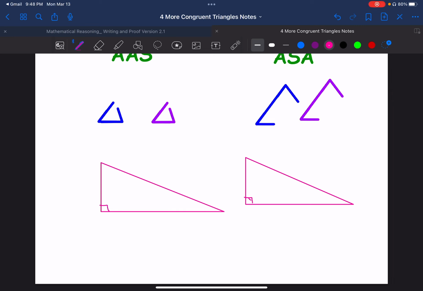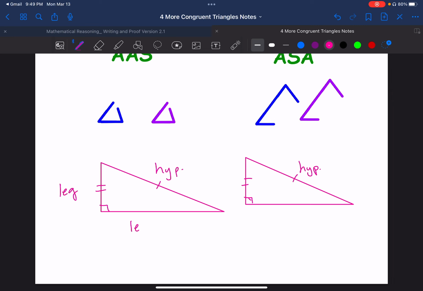The only other option we have is if you have a situation like this, where we have a right triangle and we are given the hypotenuse, which is the longest side of a triangle, and any leg.